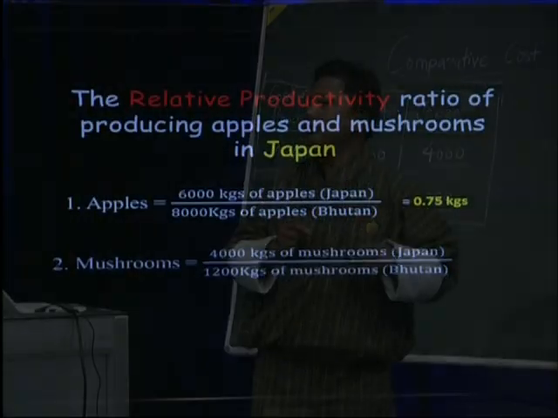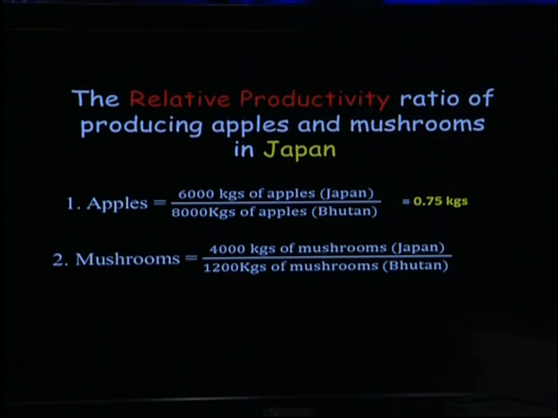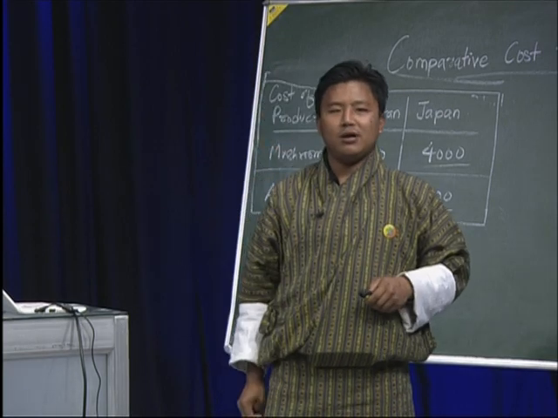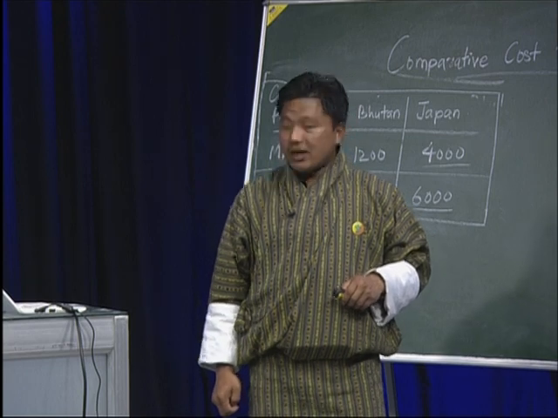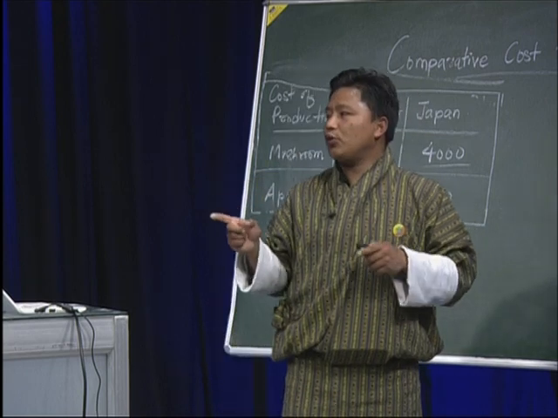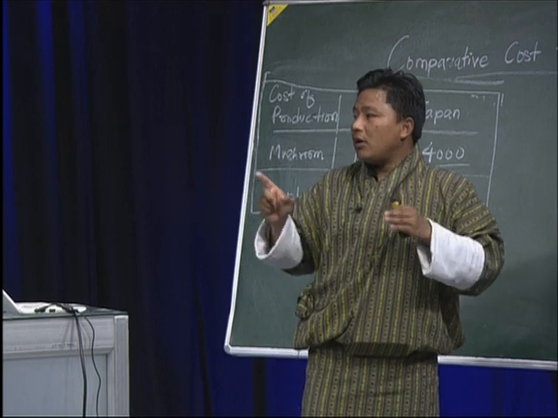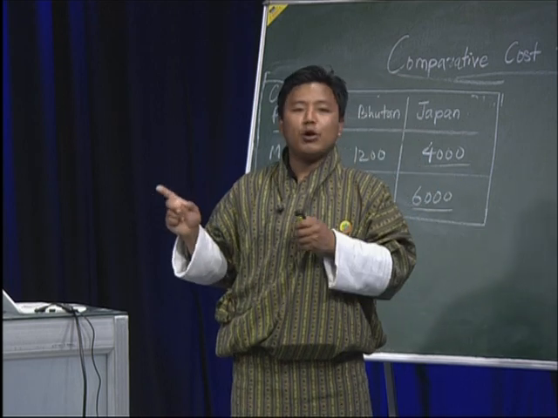Let us do it for the mushroom. The formula is the same again. The unit of mushroom produced by Japan divided by the unit of mushroom produced by Bhutan. The answer is 0.33 kg. Therefore, the relative ratio for apple is higher than mushroom in Japan.